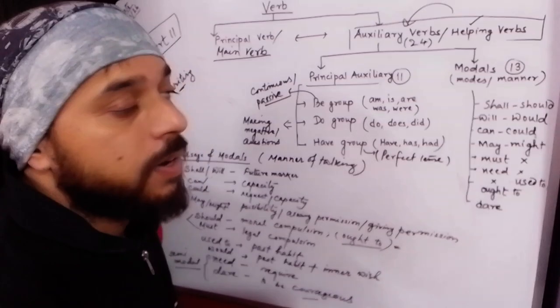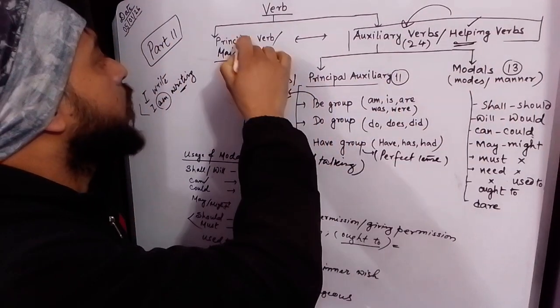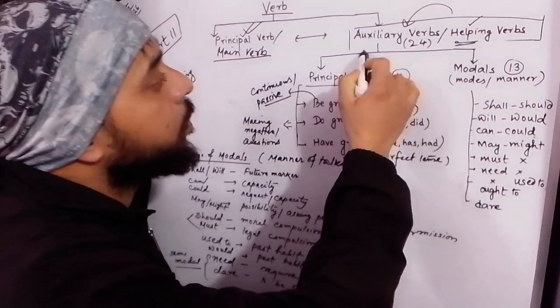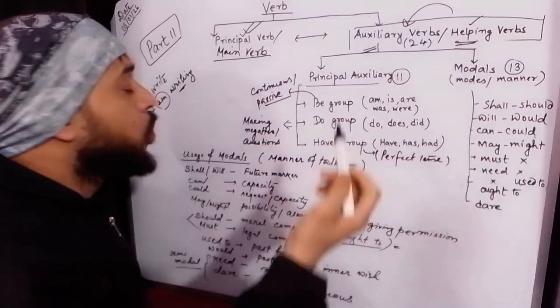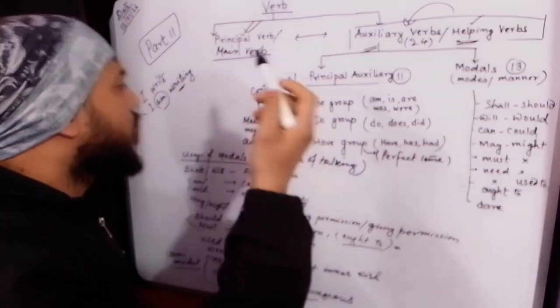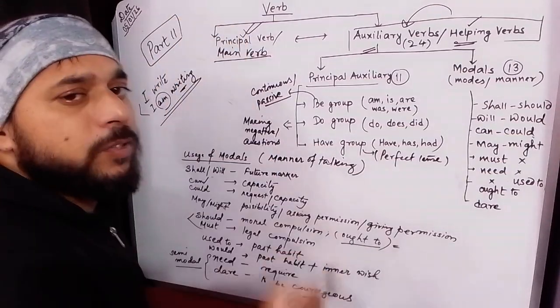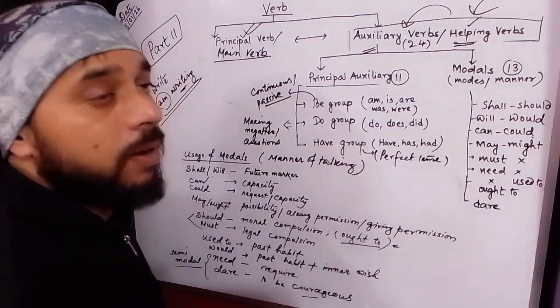That means auxiliary verbs, actually, they help whom? Help the principal verb or main verb to make its tense, mood, voice, or any other aspects of grammar. That's why they are called helping verbs.